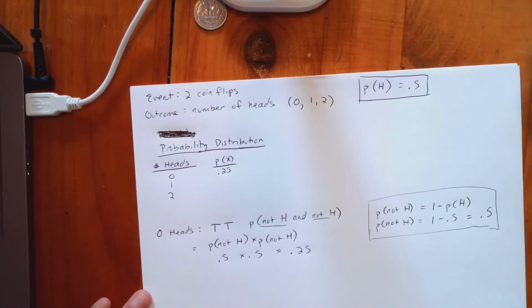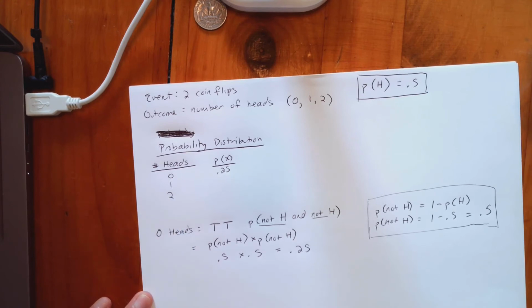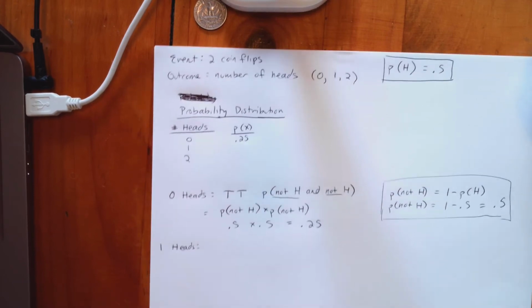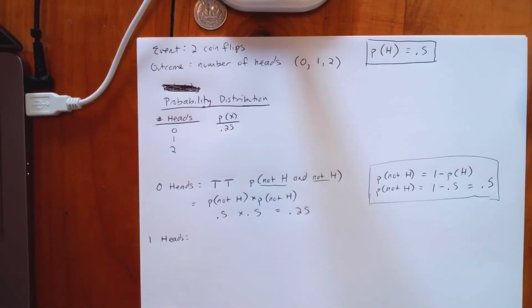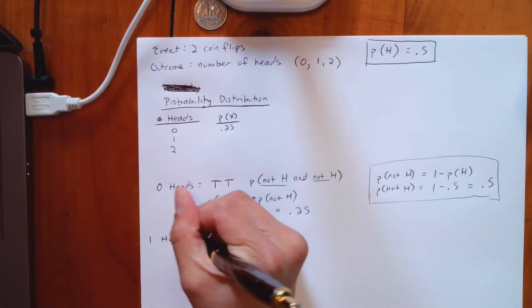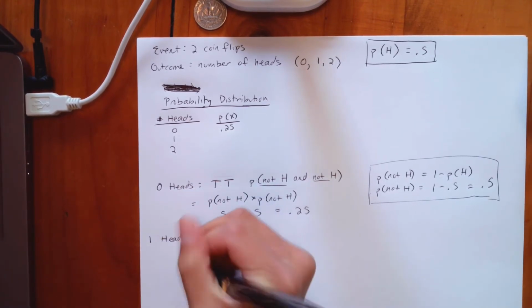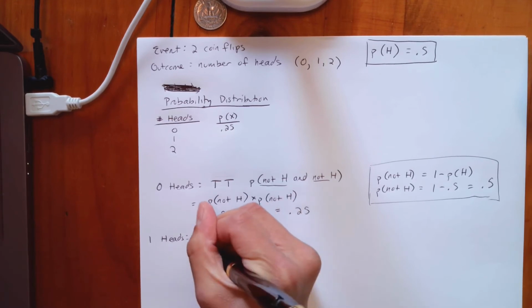All right, so the next thing we want to do is find the probability of getting 1 heads in our double coin flip. I guess one heads, I'll call them 1 heads. So in order to get 1 heads in our coin flip, we have 2 options. So we can either get a heads and then a tails, or we can get a tails and then a heads.